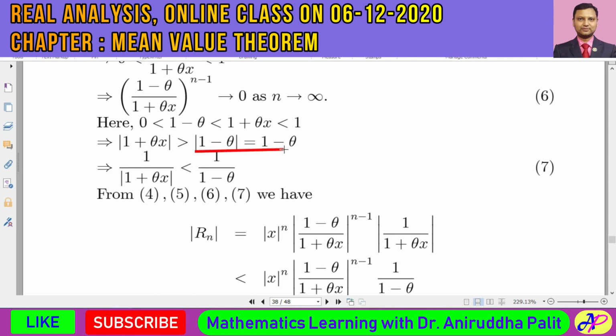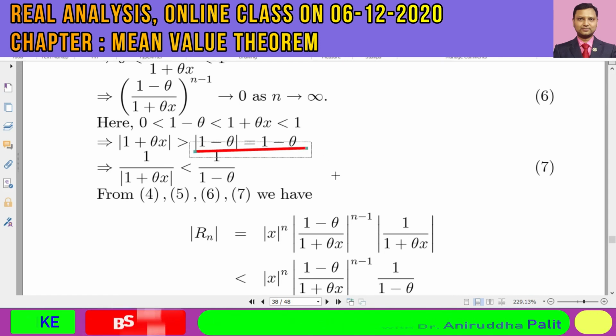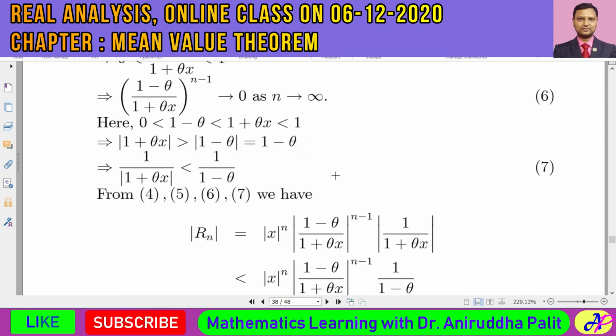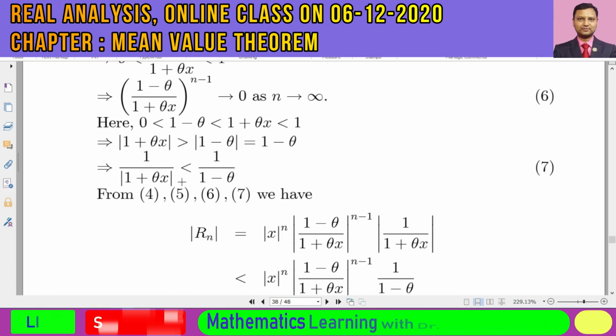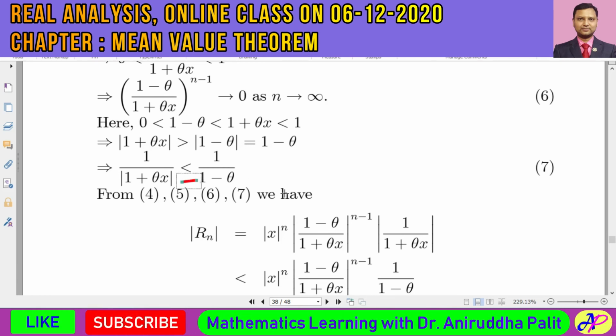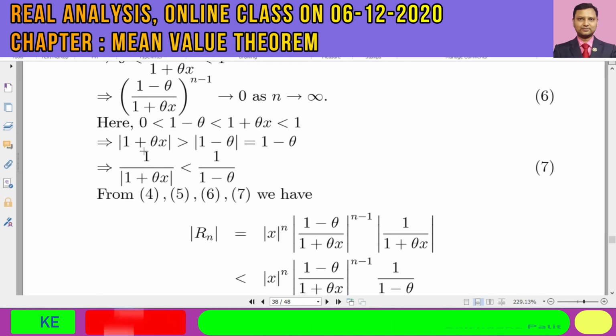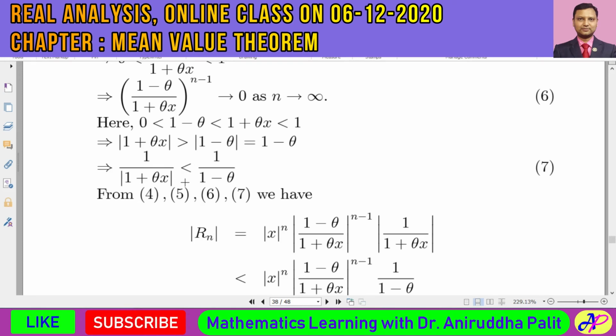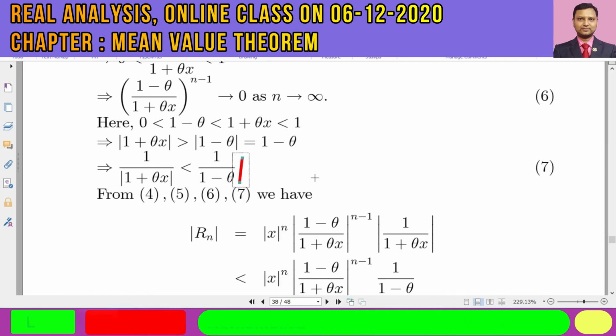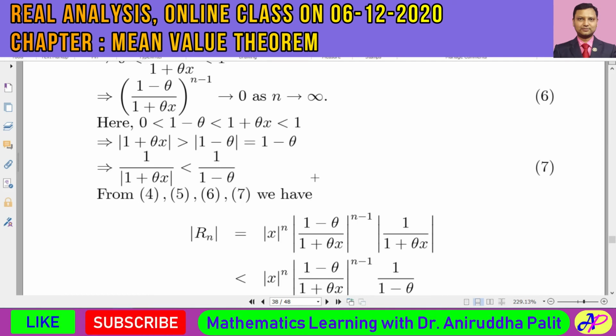We can write modulus of 1 minus theta is equal to 1 minus theta, and therefore if we consider the inverse, then this greater than inequality will be converted into a less than inequality. So we have the result that 1 by 1 plus theta x, the last factor in the expression of Rn, is a bounded quantity, less than 1 by 1 minus theta. Theta is a finite number, therefore it's a bounded quantity. Got it?